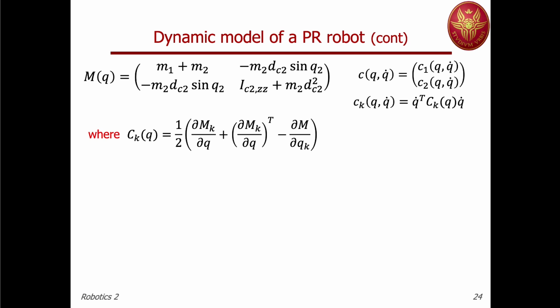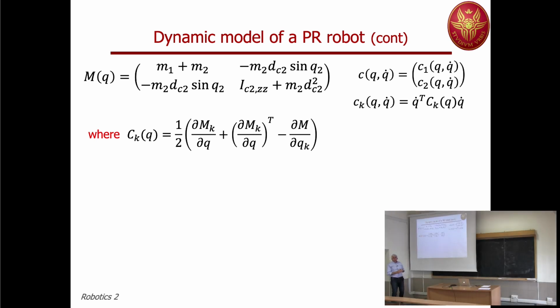So we have this inertia matrix. You can see that the diagonal elements are constant, but for the off-diagonal element, there was a factor 2, which has been distributed between the two elements M12 and M21, so that you have a symmetric matrix in the quadratic form. You can always do this. Now, we need to compute from there the Coriolis and centrifugal term.